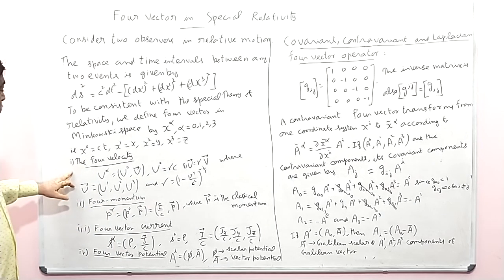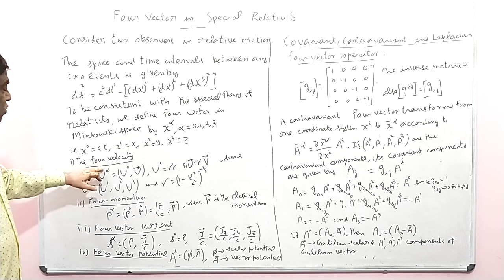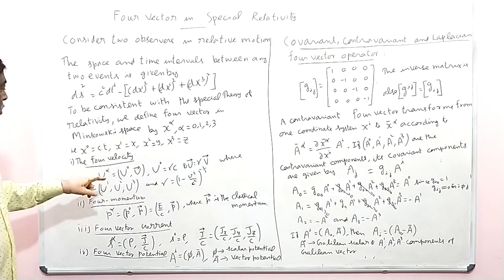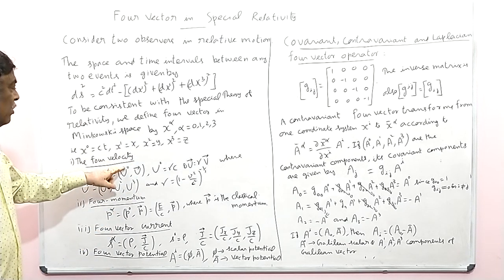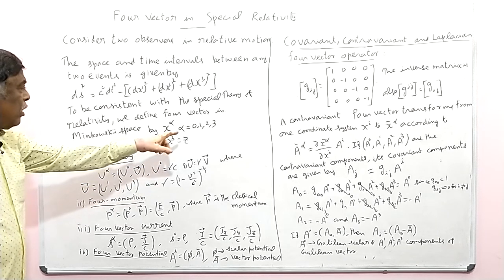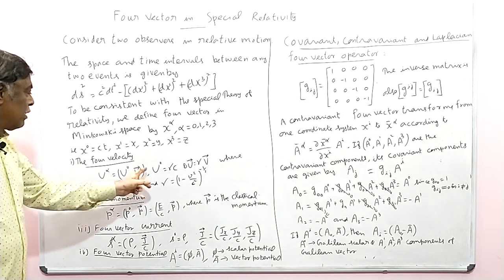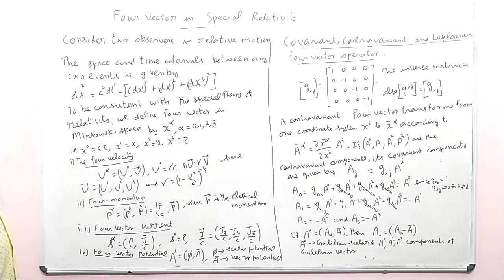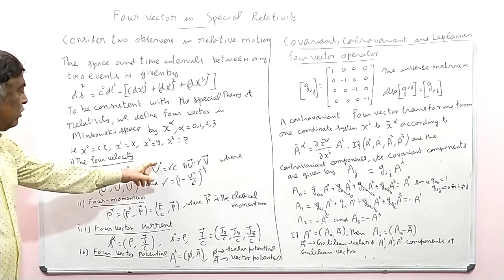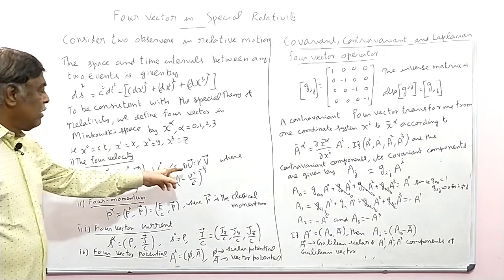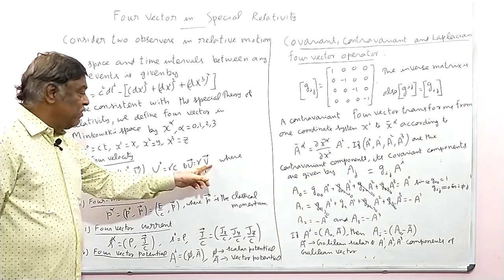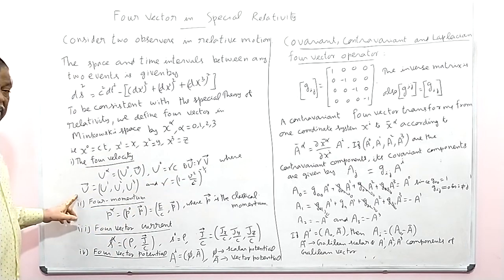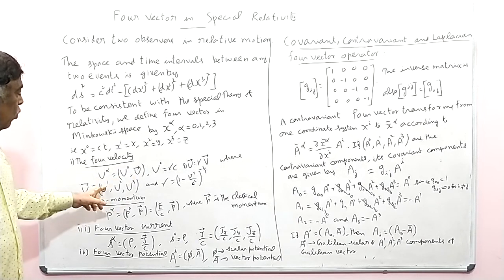Now we define the four velocity u alpha. Alpha runs from 0 to 3, so there are four values. If you put alpha is equal to 0, u0 is equal to gamma times c, and the remaining 1, 2, 3 components form u bar, which is expressed by gamma times v, where there are three velocities u1, u2, u3.